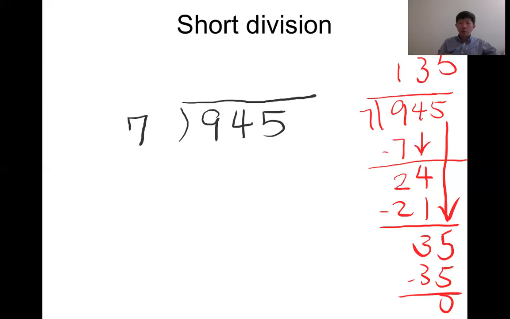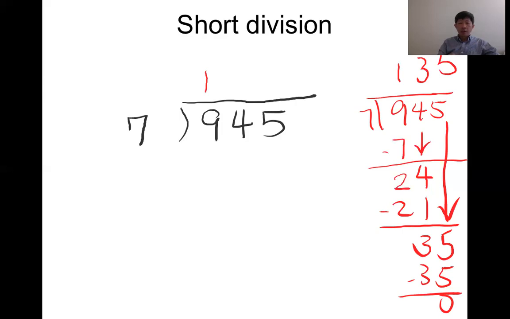Now, with short division, you don't have to write a lot of things like long division. You can compare, okay? Short division is like this: 9 divided by 7, so we put on 1.